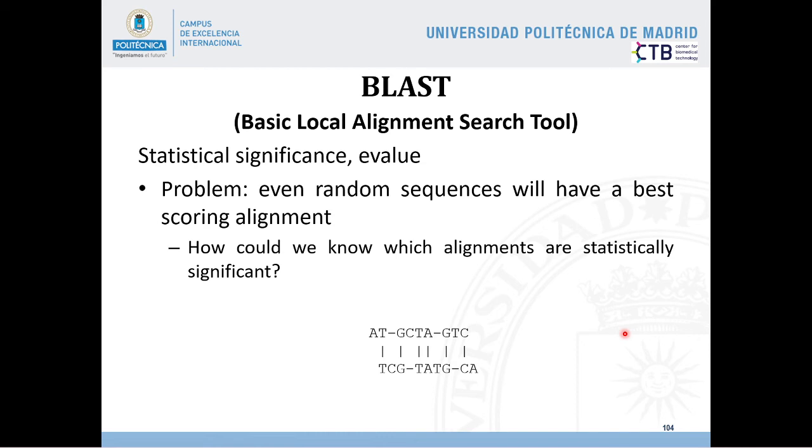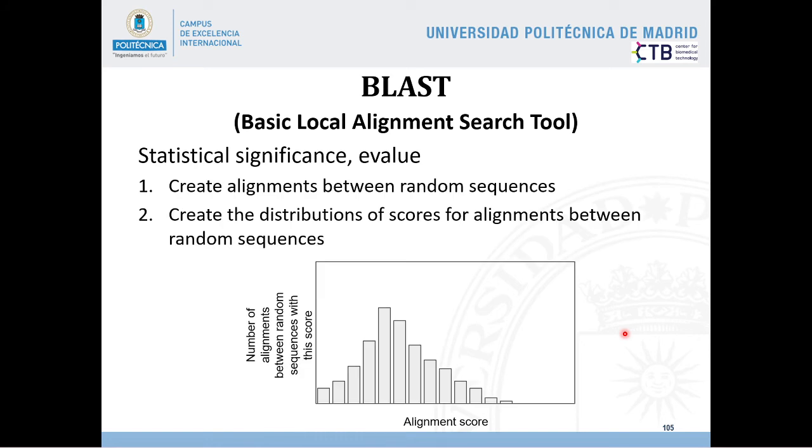So how could we know which alignments are statistically significant? So we make a distribution: we create all the alignments between random sequences, and create a distribution of the scores for alignments between random sequences.